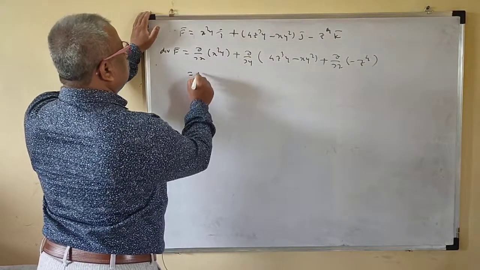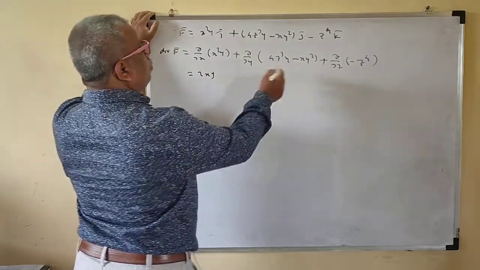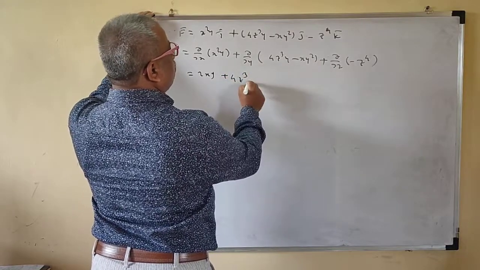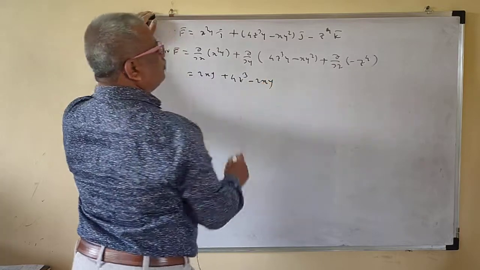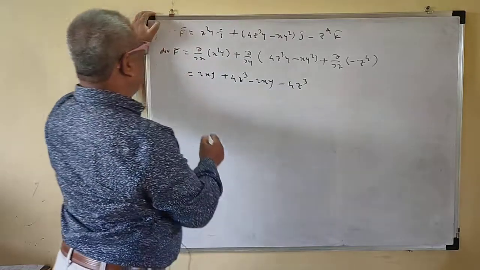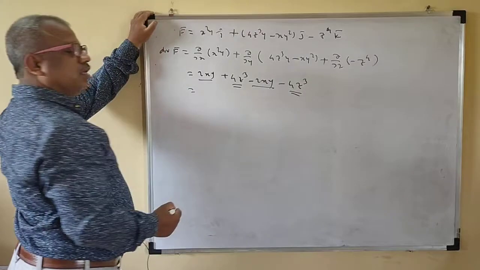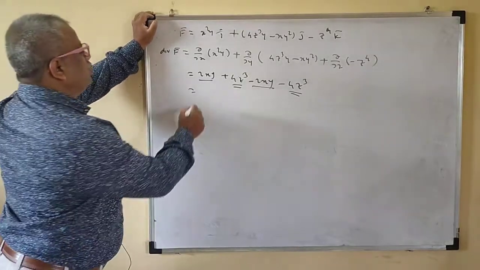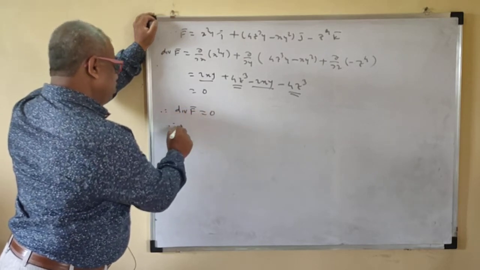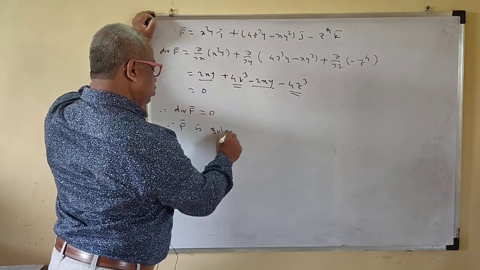This is twice xy, then with respect to y we open the bracket: plus 4z cube minus twice xy. And the derivative of the last one is minus 4z cube. Now see, this and this, and this and this are equal but opposite, so the sum is 0. Therefore the divergence of f bar is 0. Therefore f bar is solenoidal.